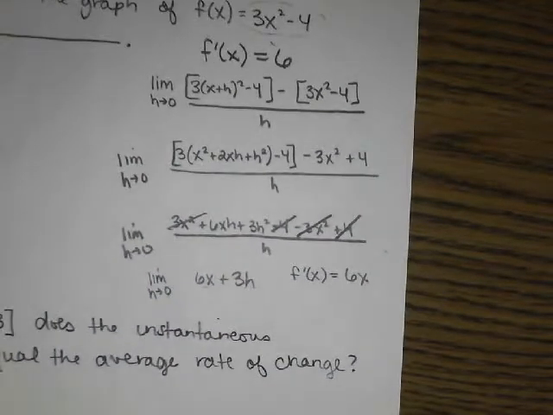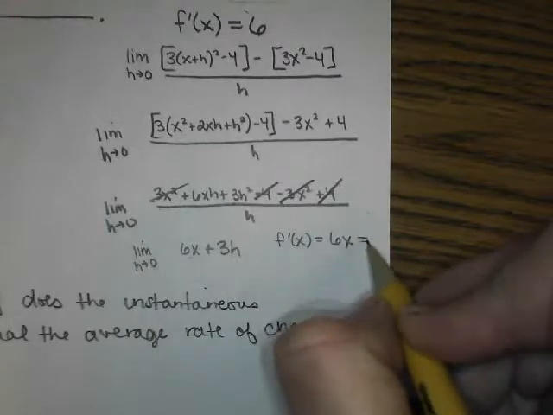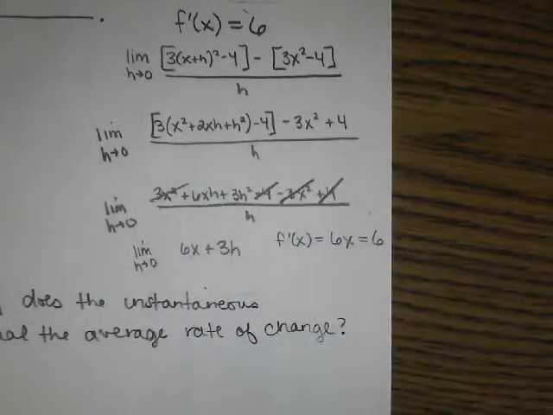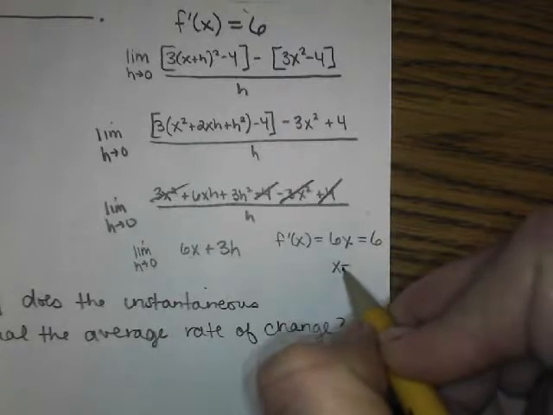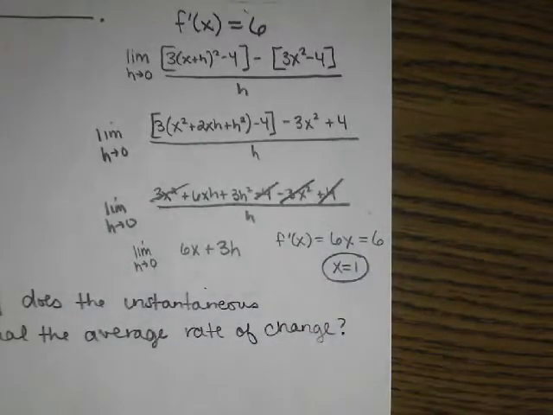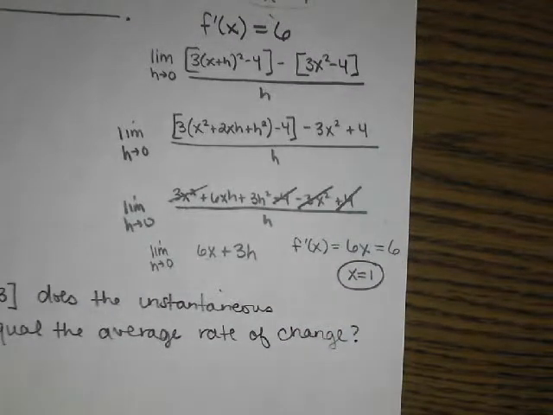We were looking for where our slope was going to equal 6. So when does this equal 6? At what x value? 1. Okay? So that's not b's value, but let's, again, wrap our head around what's going on here.